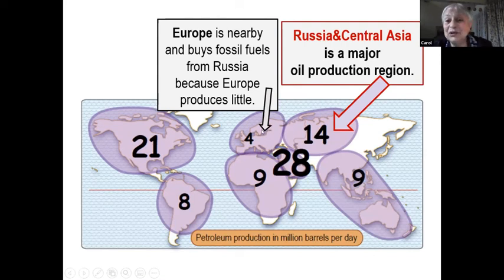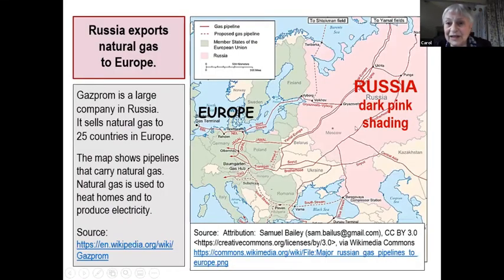And poor Europe next door didn't produce very much. Consequently, you see these pipelines coming out of Russia, carrying especially natural gas. They all have winter, just like we have winter, if not worse. And they really like to heat their houses in winter. So Europe is getting a great deal of fossil fuels, especially natural gas, from Russia.